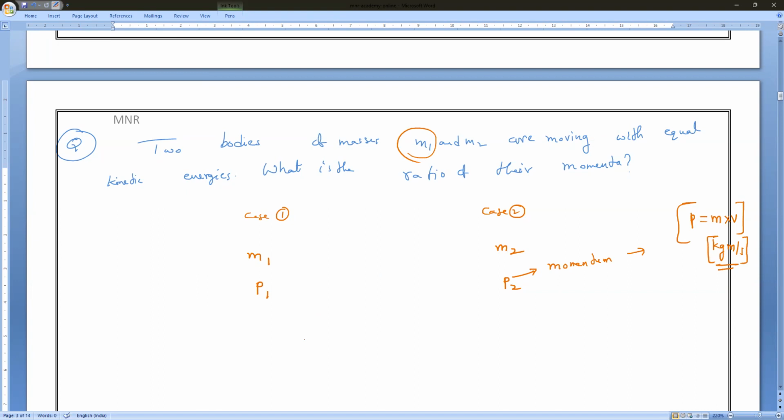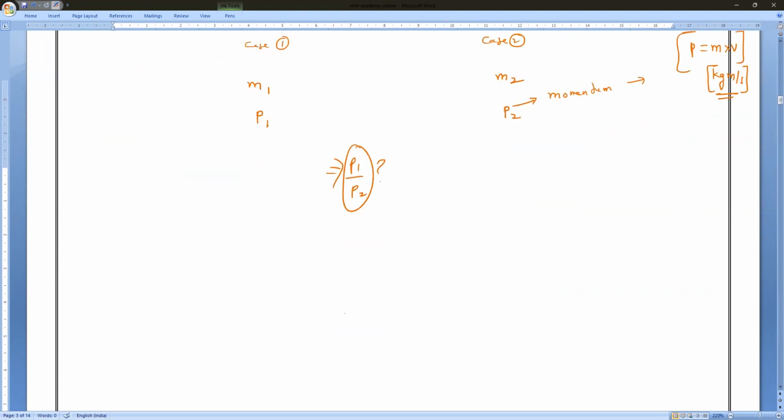Now they are asking for the ratio, so that is P1 by P2. They are saying the kinetic energy is the same, but they are not talking about the same velocity. When mass is different, for example, suppose I have 5 kg traveling at 5 meters per second.